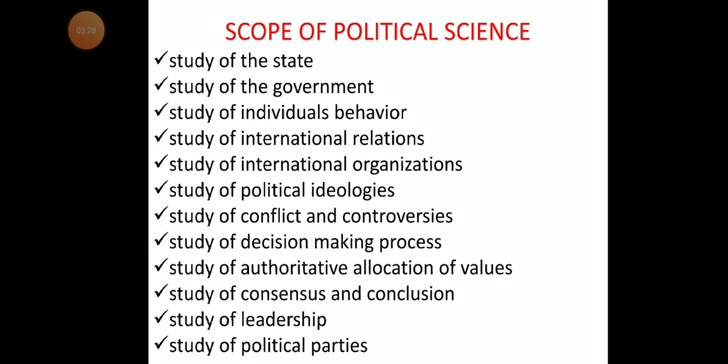Political acts or activities are forming interest groups, forming associations, forming political parties, elections, contesting elections, forming government, running the administration. All those activities which fall in the political behavior of man, we study in the scope of political science.